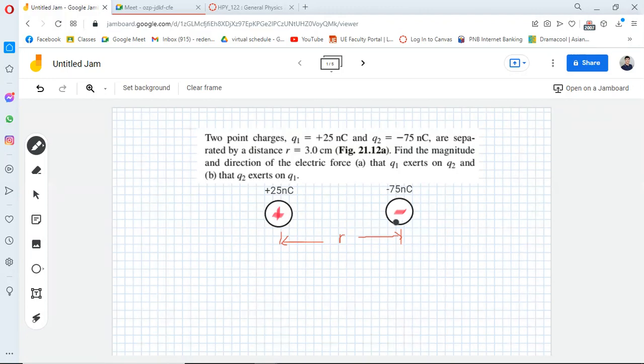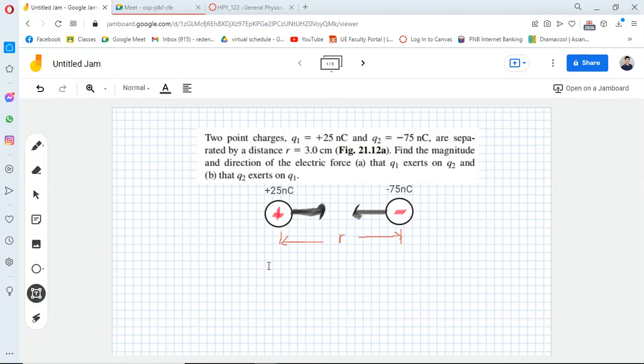Dahil siya ay positive, ang tendency niya is ma-attract siya papunta kay negative. That's why you need to sketch some arrow, oriented like that. And at the same time, this negative charge will also experience an attractive force papunta dito sa ating positive charge object. Okay, so na-specify na natin yung direction, tama?